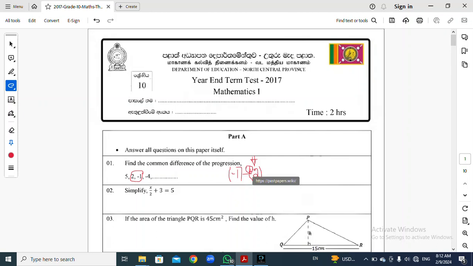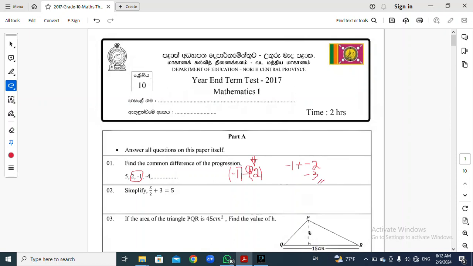So -1 has no change, the subtraction should be changed into addition, and the positive 2 has to be changed into negative 2. This is the law. Now -1 plus -2, the answer is -3.